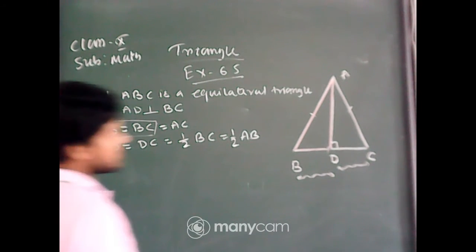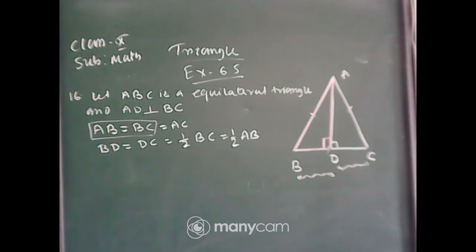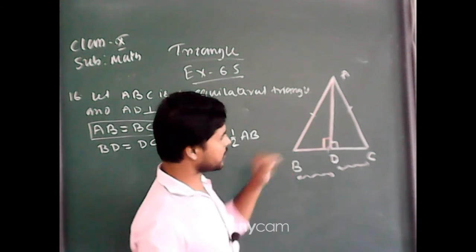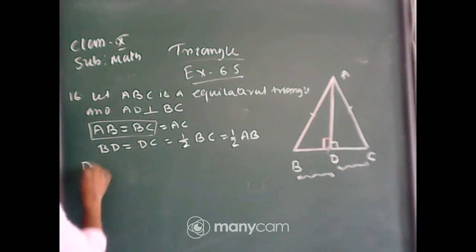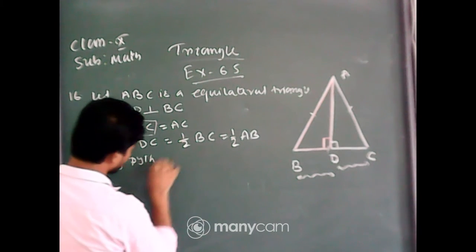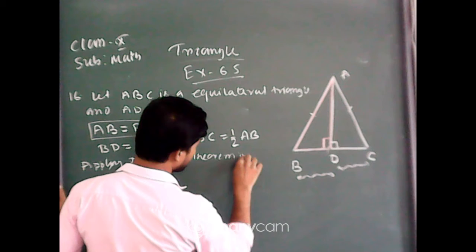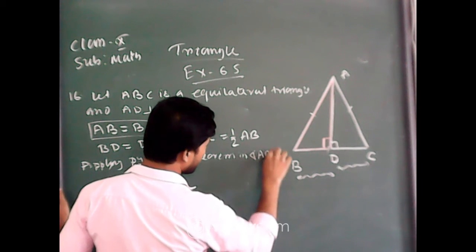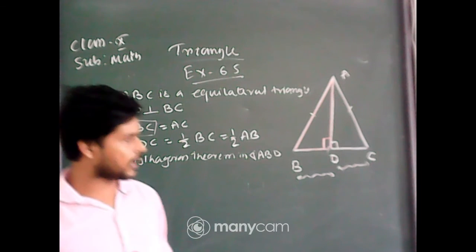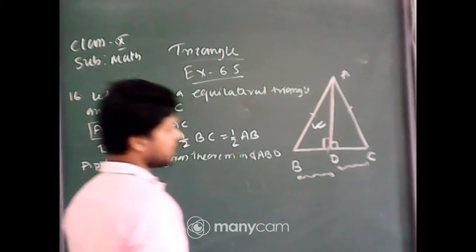Now look, obviously ABD is a right angle triangle, right angled at the point D. Now look, if we apply Pythagoras theorem in the triangle ABD, tell me what we can write.